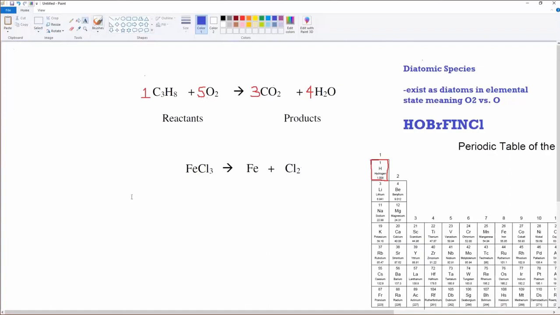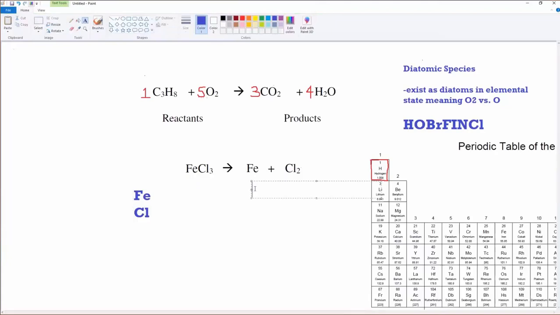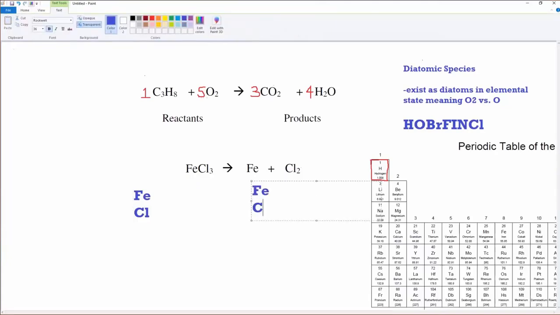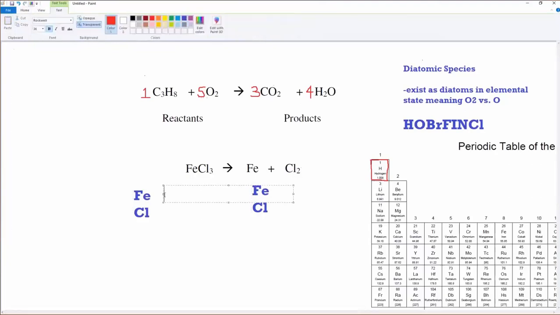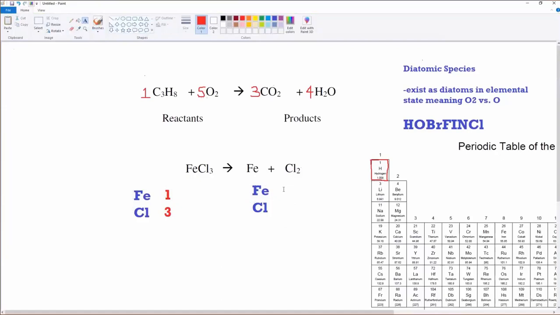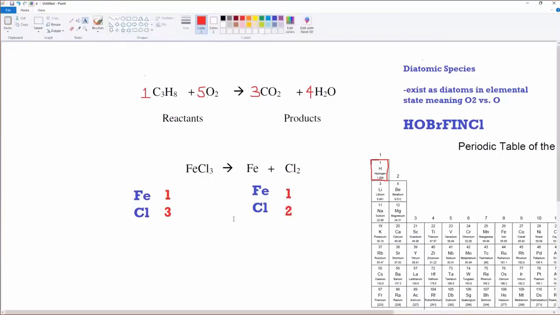So instead you'll make a little table and say on the left-hand side I've got iron and chlorine, and on the right-hand side I have iron and chlorine. And you just map it. You might start out and say, okay, just to start, I have 1 iron and 3 chlorines. And on the right, I have 1 iron and 2 chlorines. And then you'd start balancing it.